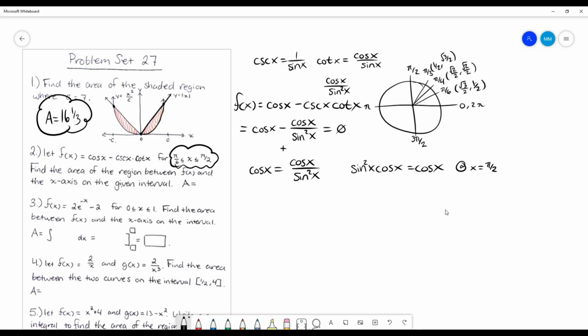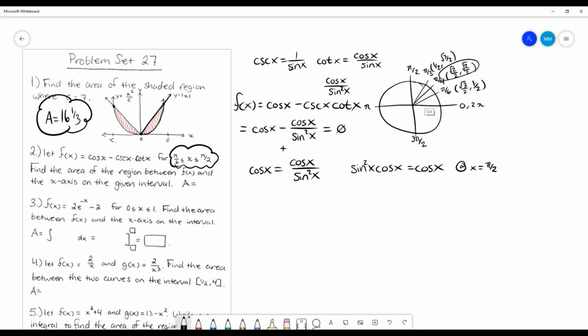So if we plug in pi over 6, because that is a longer interval, that's going to give me 1/2 squared, which is 1/4, times square root of 3 over 2 equals the square root of 3 over 2, which obviously is not true. So that is not a solution.